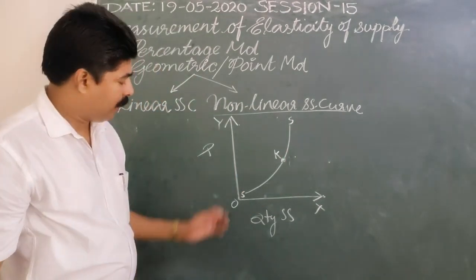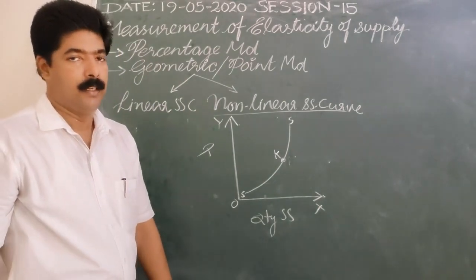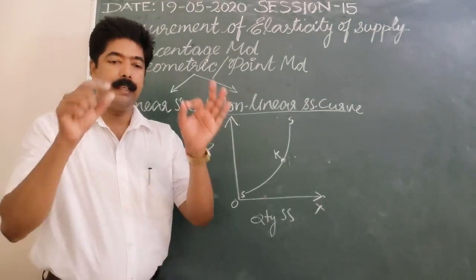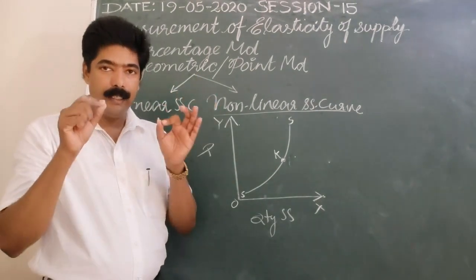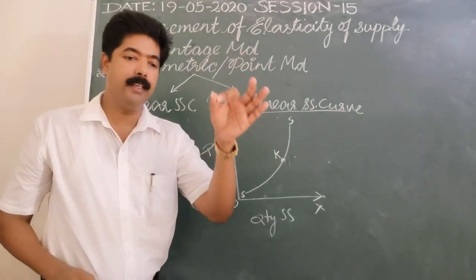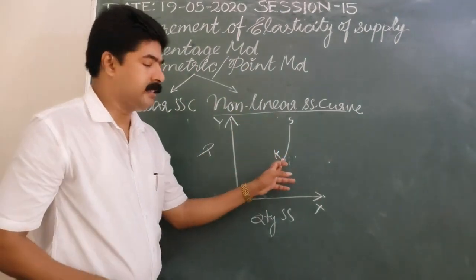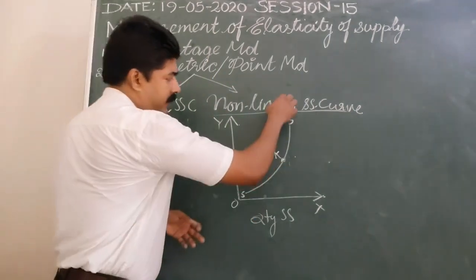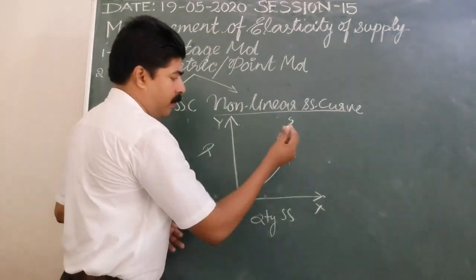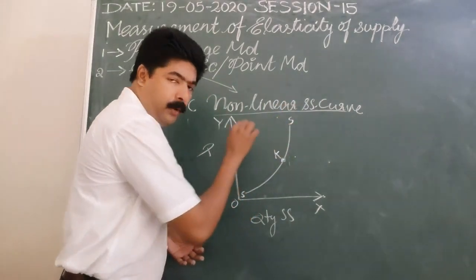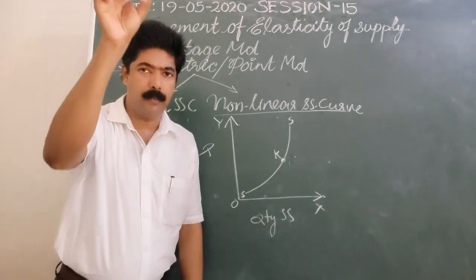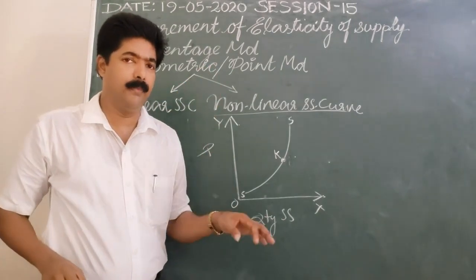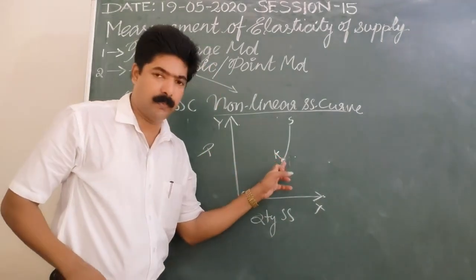Now, what is the step to calculate in these cases? The first step is we need to make a tangent line, a tangent drawn through any point which is on the supply curve. Now the point is K. I am going to make one tangency line, and that line must touch the curve at this point.